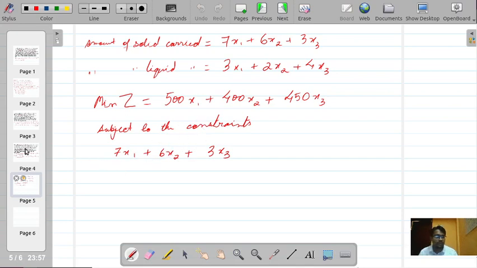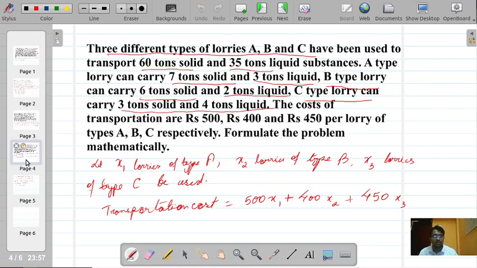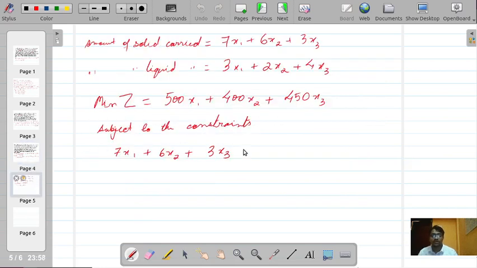Here nothing is mentioned about at least or at most. The 3 different types of lorries are used to transport 60 tons solid and 35 tons liquid substances, so that is exactly right. So we can just use equal to here.